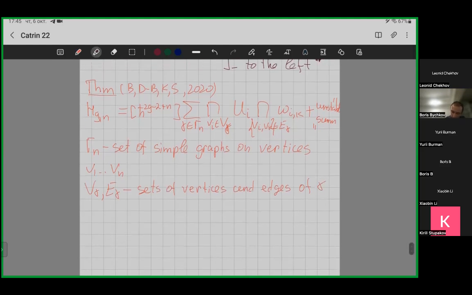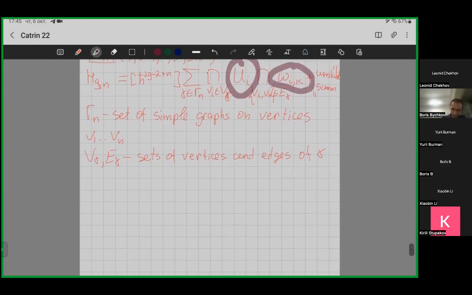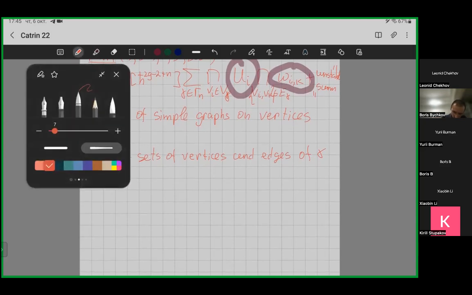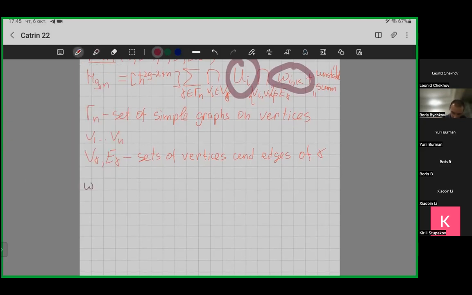So this omega ik, it's a weight on edges, and these capital U are some operators in these small z variables, and they look as follows.